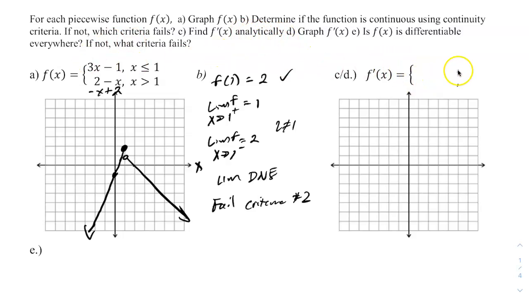So what's next? C and D is take the derivative. The derivative of 3x minus 1 is 3. The derivative of 2 minus x is negative 1. These are both at x equals 1. The key with these problems is, do you put the equal sign or not? Because we're asking, is it differentiable?